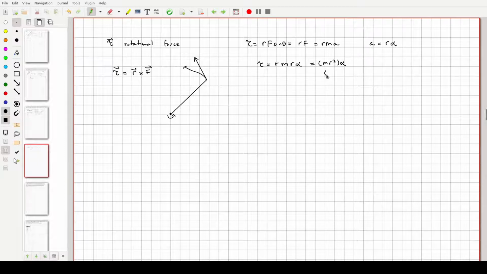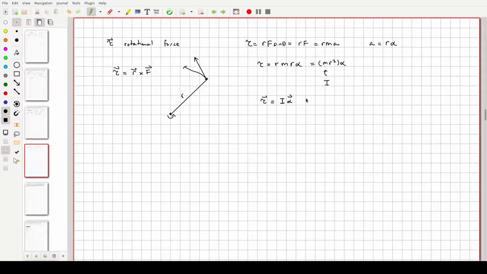Now you may notice, or you may have seen, mr squared before. If you think about this being a mass that we're pushing on at this point, this being r, this is the point of rotation. This is the moment of inertia. Okay, this is I. And now it should not be all that surprising to say that torque would be I times alpha.